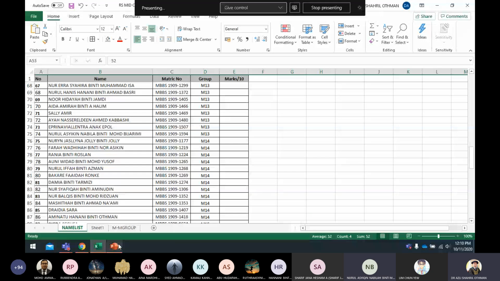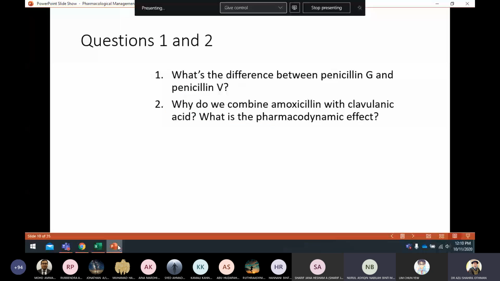For question 2. A combination of amoxicillin, a broad-spectrum penicillin, and clavulanic acid will result in potentiation to increase the effect of amoxicillin.